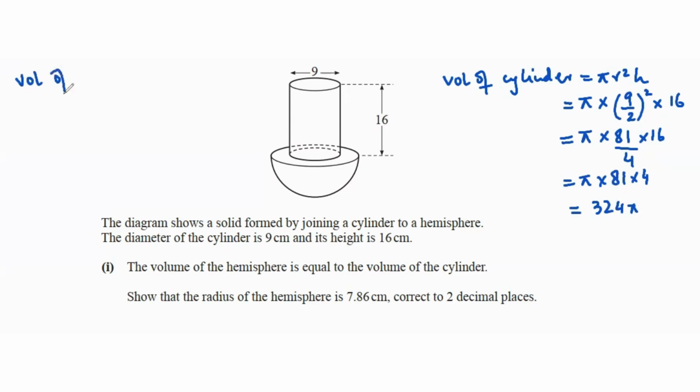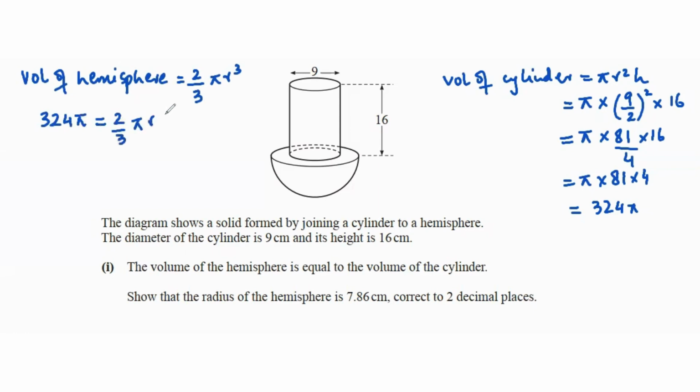Then volume of sphere is 4 over 3 pi r cubed. But since we're trying to find the volume of a hemisphere, the volume of hemisphere is going to be half the volume of the sphere. So that's going to be 2 over 3 pi r cubed. So we're going to put 324 pi equal to 2 over 3 pi r cubed. 324 pi times 3 over 2 pi is equal to r cubed.